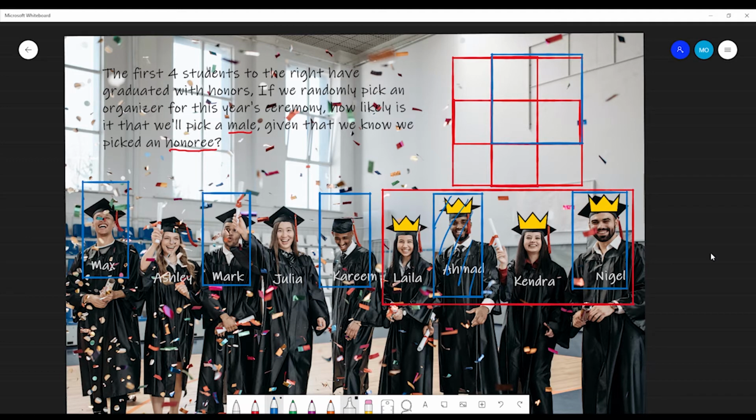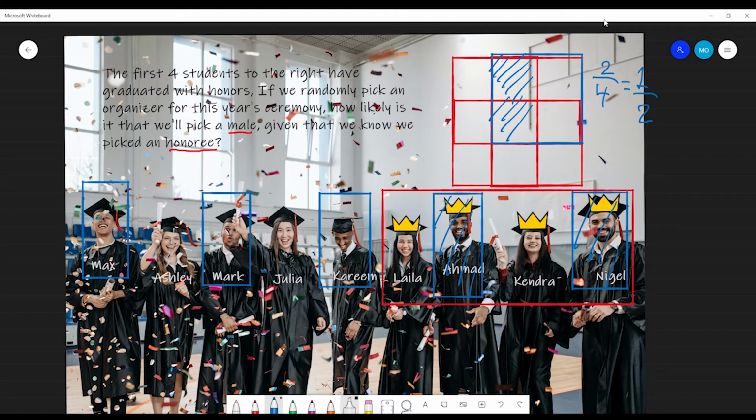So we're only concerned with Ahmed and Nigel, which happen to make up only 2 of these squares in that full space of possibility of being an honoree. So it is obvious that this is 2 out of 4 out of the space of honorees, which is the same thing as 1/2, and you can verify this visually.